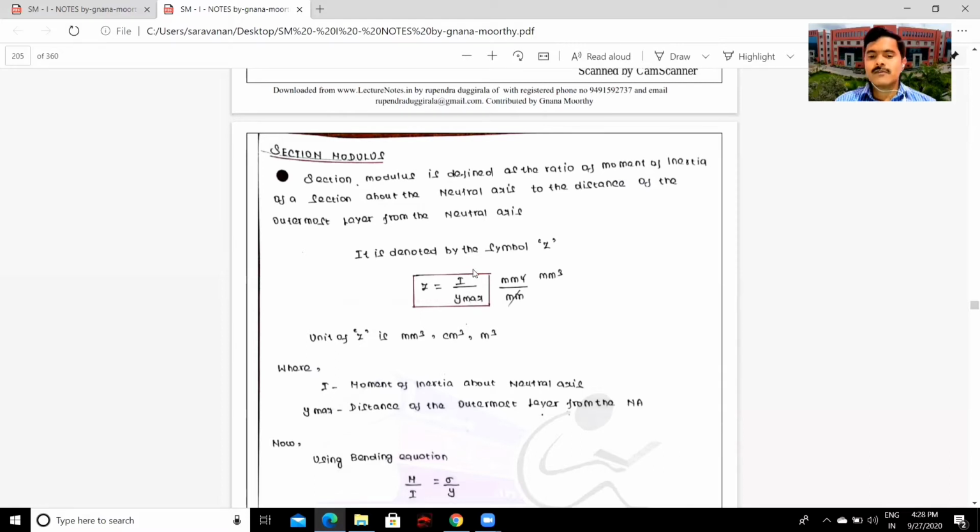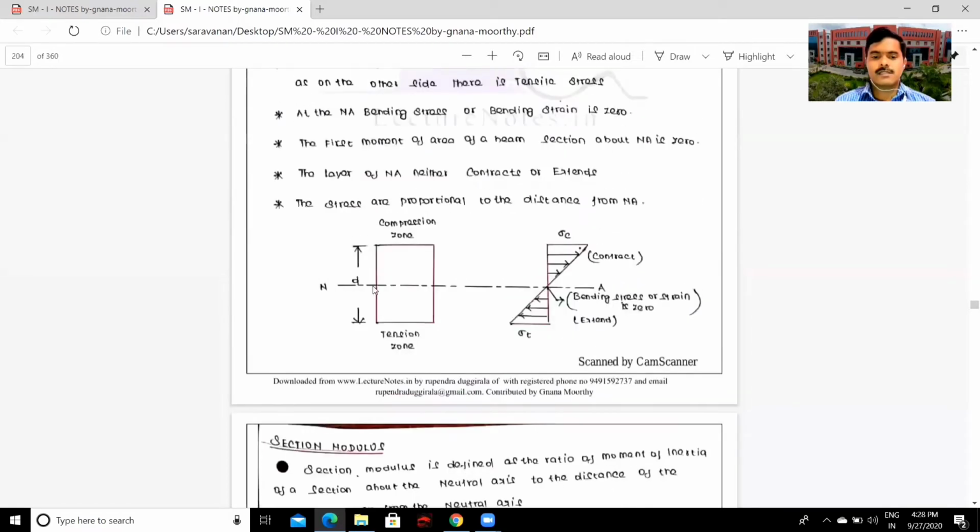So what is the moment of inertia unit? Suppose rectangular section, moment of inertia b d cube by 12, right? B mm, d mm, so mm power 4. Moment of inertia unit is mm power 4. What is y maximum? Y maximum is nothing but distance. That is here if you can see, suppose from neutral axis to here or from neutral axis to here, d by 2.